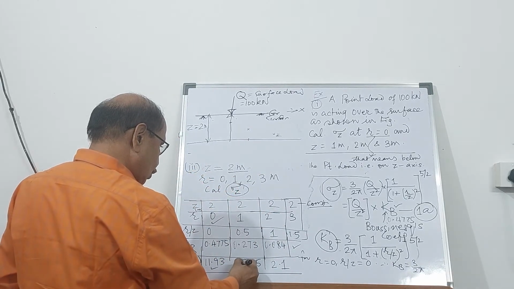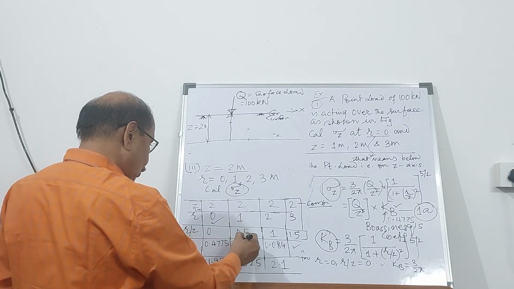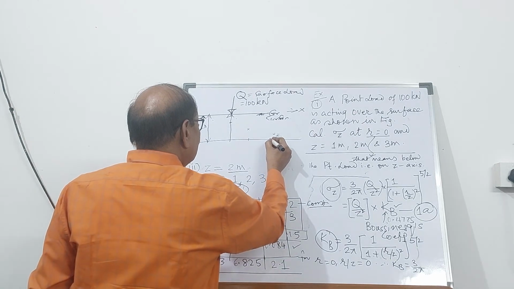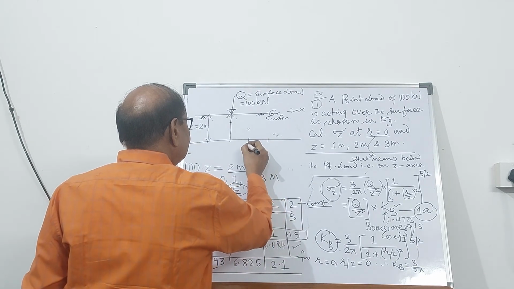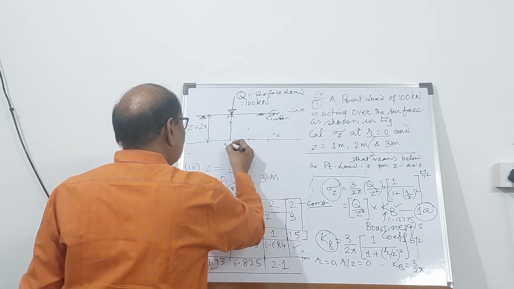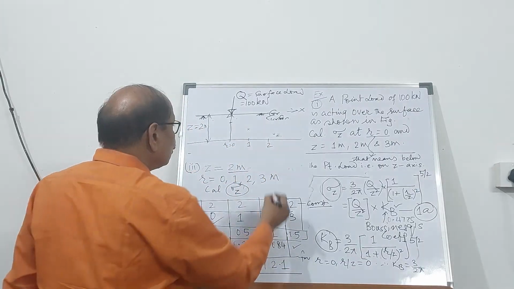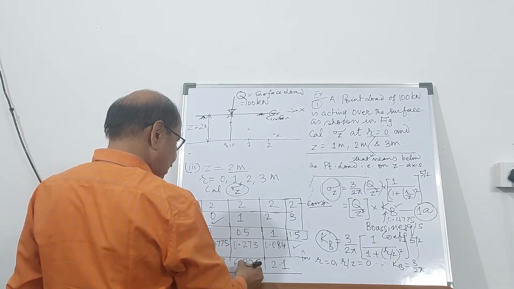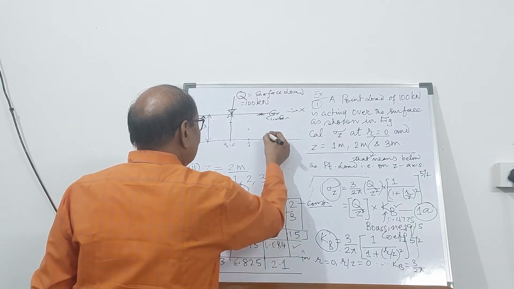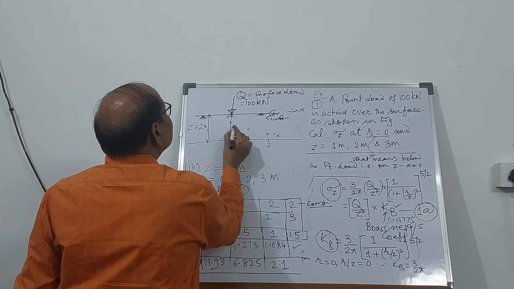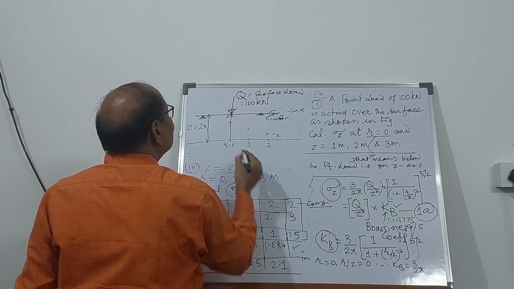Then when you go to r equal to 2 meter, the value becomes 2.1. So from 6.8 it becomes 2.1. That means the value is going to be maximum here at r equal to 0.